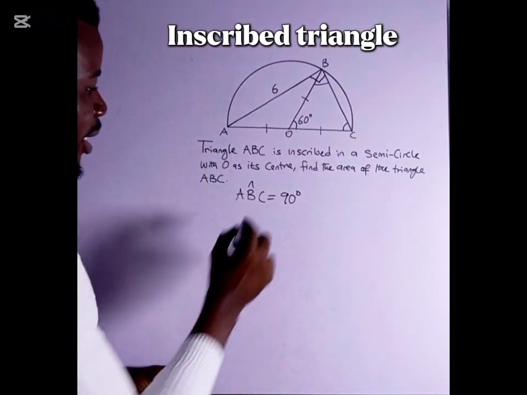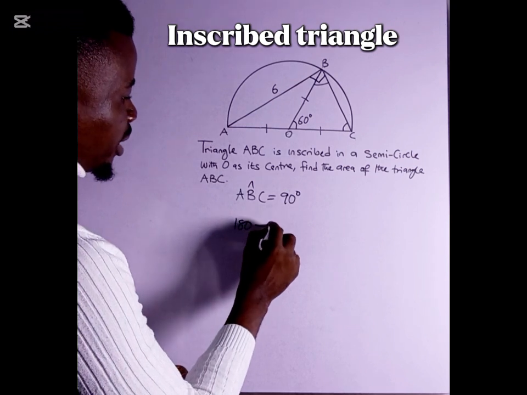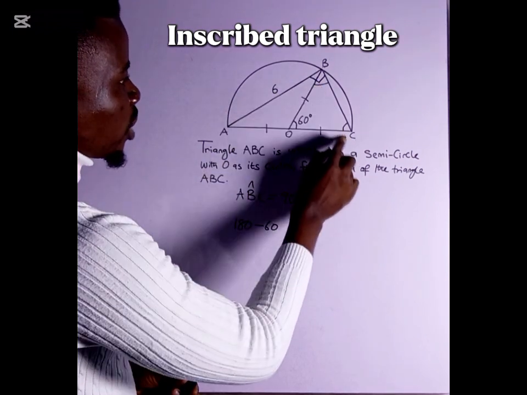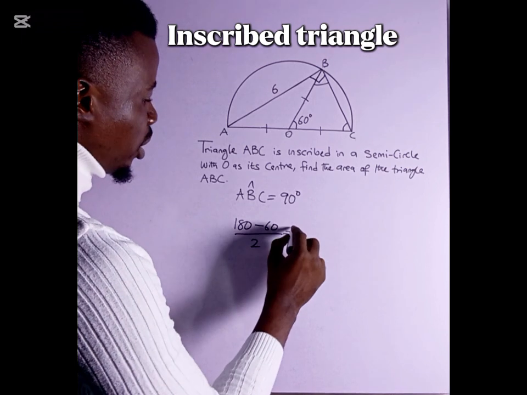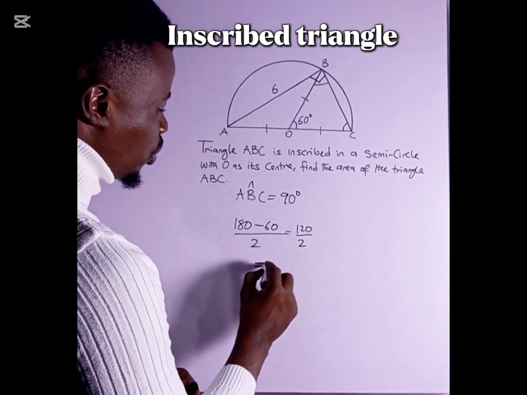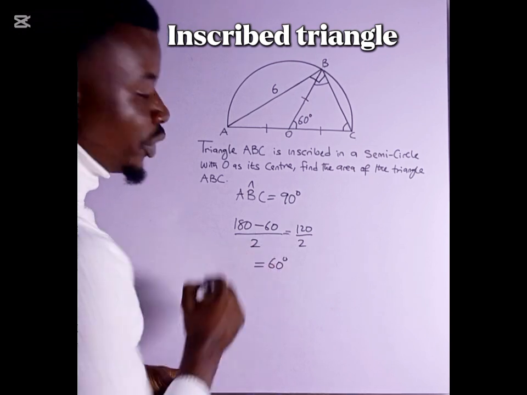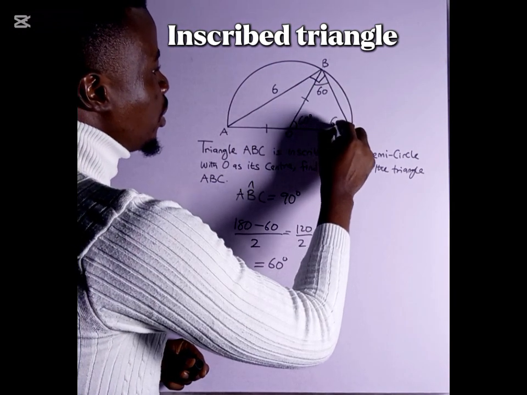How do we do that? The angles can be gotten by 180 minus 60. Since the angles are equal, we divide by 2, which is 120 divided by 2. So the angles are 60 degrees each. Here is 60 and here is 60 degrees.